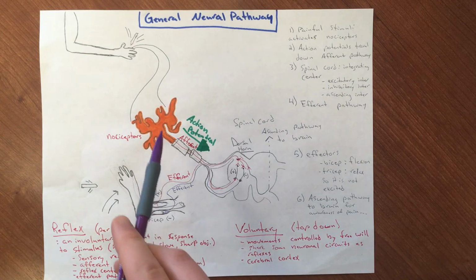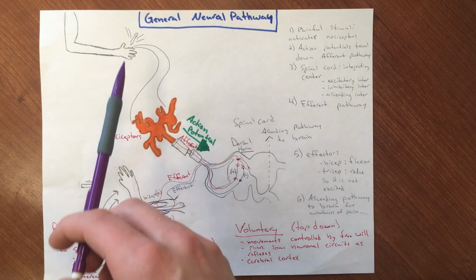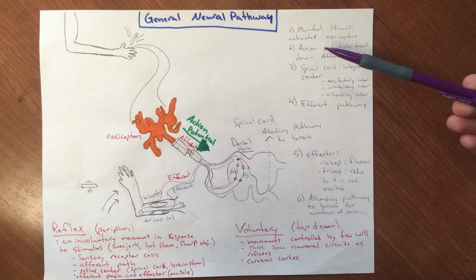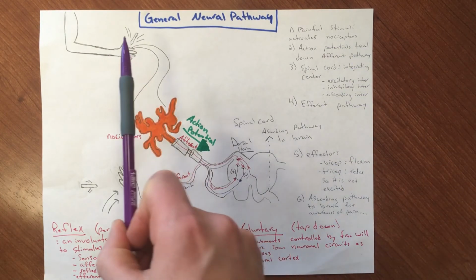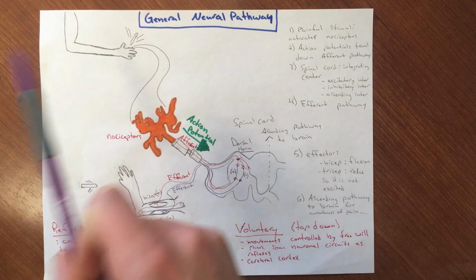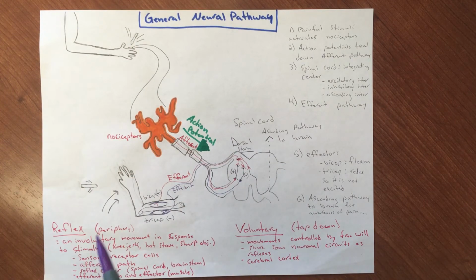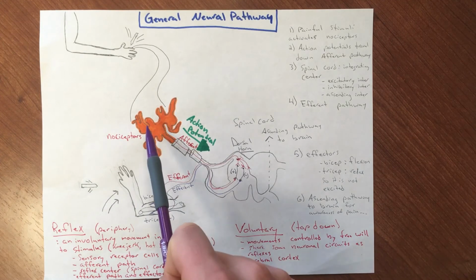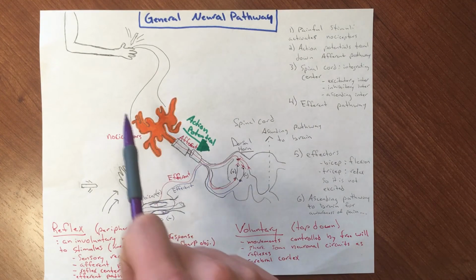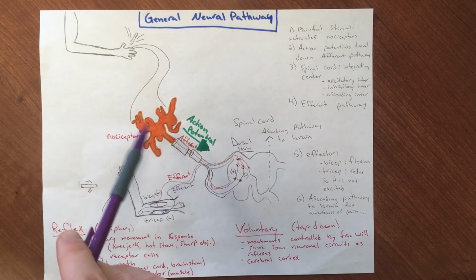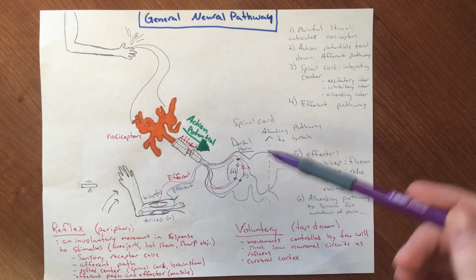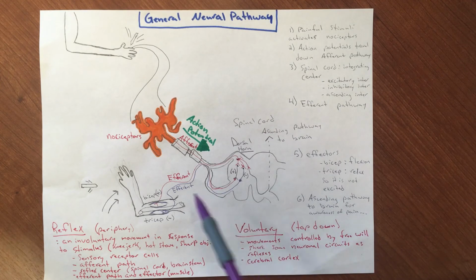So in this scenario, with reflexes, you have 6 different steps that I've broken this down into. You're poked by the painful stimulus, a sharp object, a pencil. This is received by the nociceptor, and these action potentials, this signal, is sent to the central nervous system, in this case the spinal cord, and this is the afferent pathway.